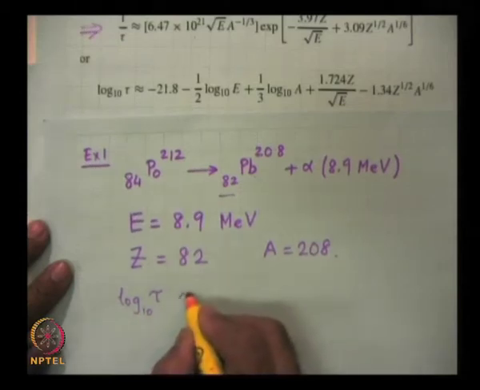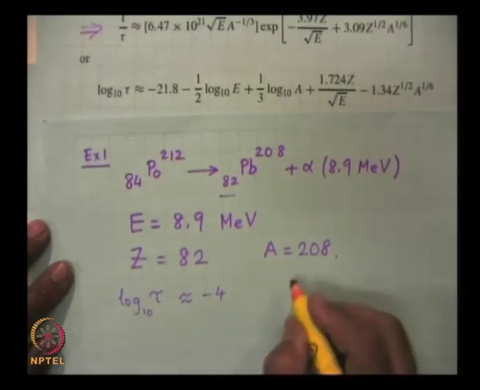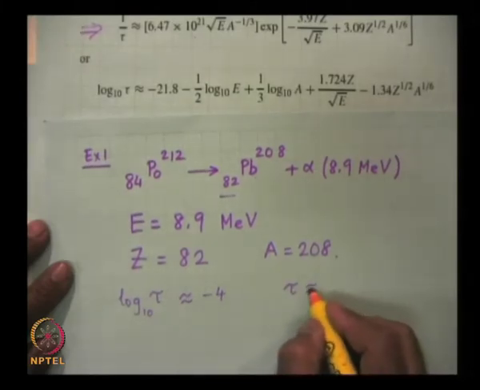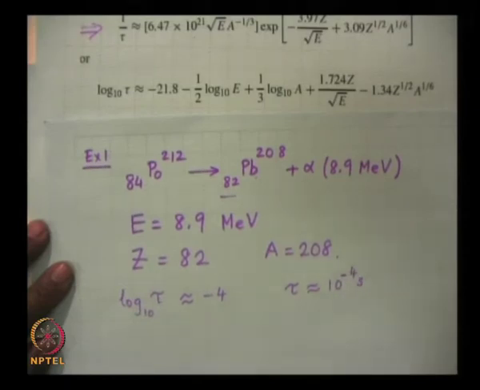It is a simple calculation, comes out to be about minus 4. So, this means tau is about 10 to the power of minus 4 seconds.